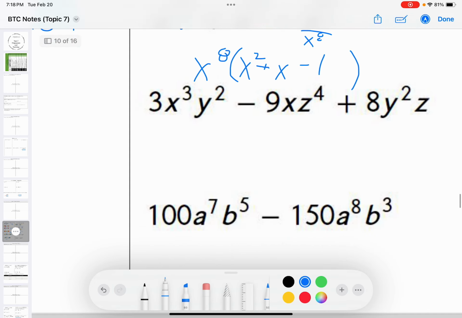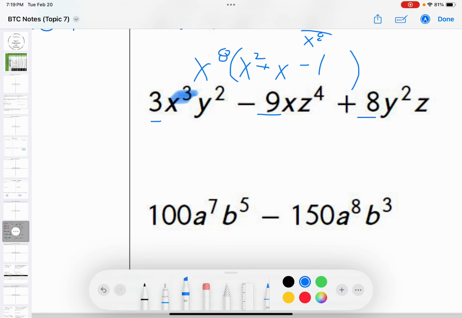The next one's a little bit tricky too because there's a lot of pieces here. I've got a 3 and a negative 9 and an 8 for my numbers. Again, I have to have a greatest common factor that I can factor each of those pieces by. 3 and 9 are both factorable. Both can factor out a 3, but I can't factor out a 3 from 8. So as far as numbers go, there's no greatest common factor.